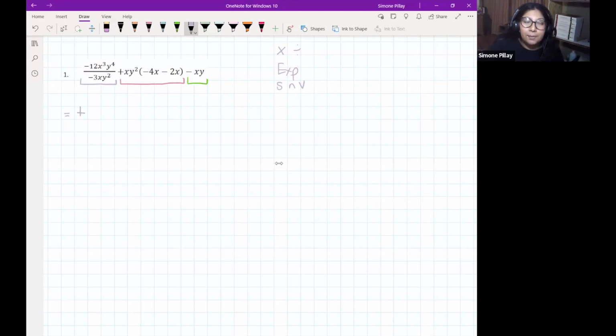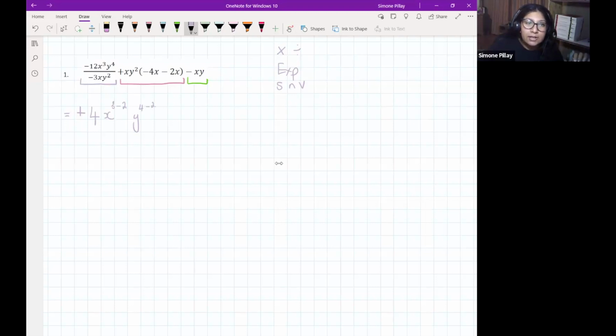Let me deal with my numbers next. It's 12 divided by 3, which is going to give me 4. Okay, when I deal with my variables, it's x cubed divided by x, which means I can go x to the power of 3 minus 1. Then it's y to the power of 4 divided by y to the power of 2, and I also know I can subtract over there.